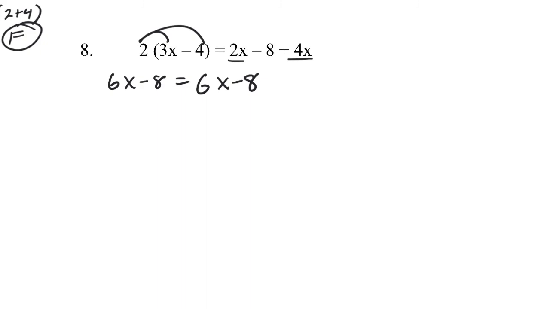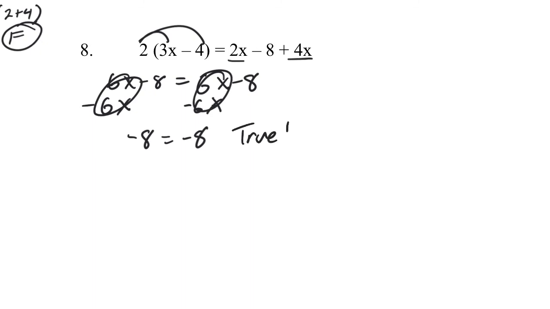I'm going to group my variables and subtract 6x from both sides. That zeroes out on the left, and I'm left with negative 8 equals, and it zeroes out on the right, negative 8. Well, negative 8 always equals negative 8. Yeah, that's true.